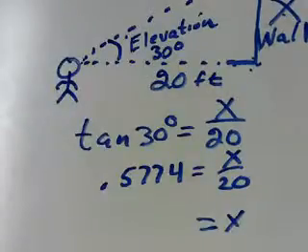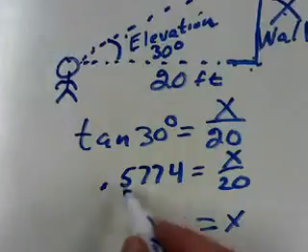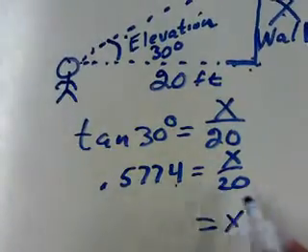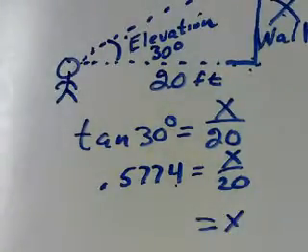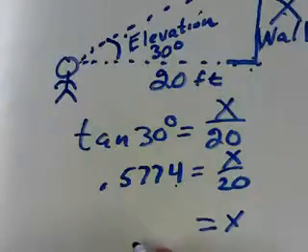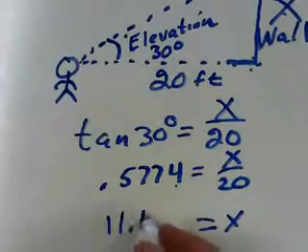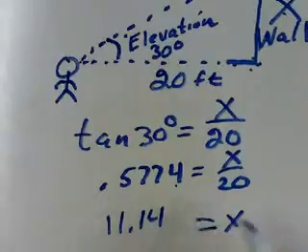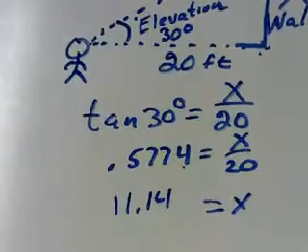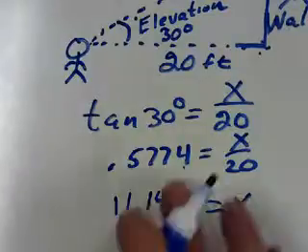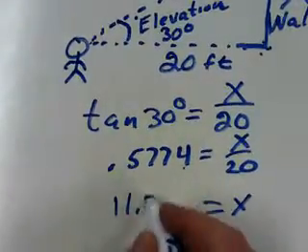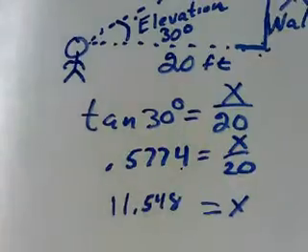I'd have to take 0.5774 times 20. That gives 11.548. Pretty simple problem, isn't it?